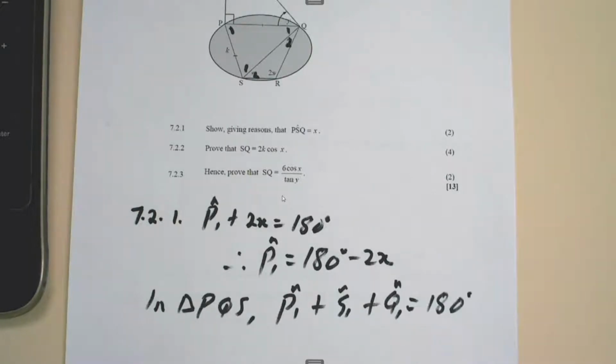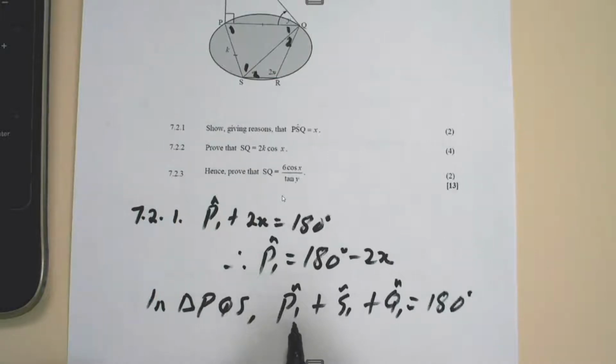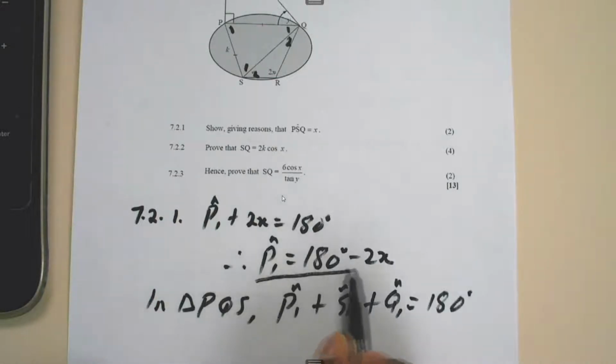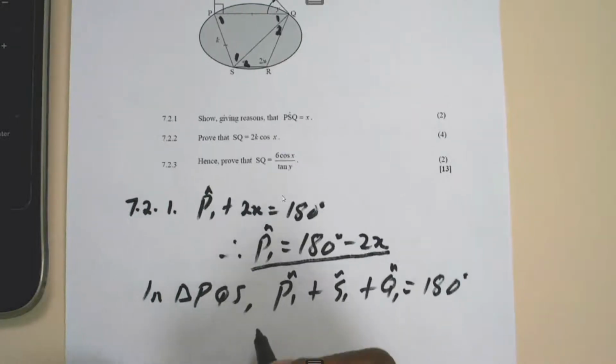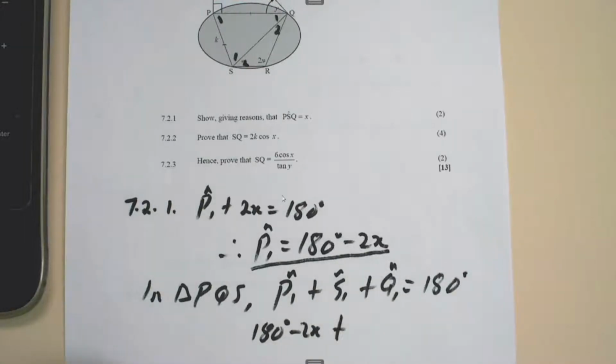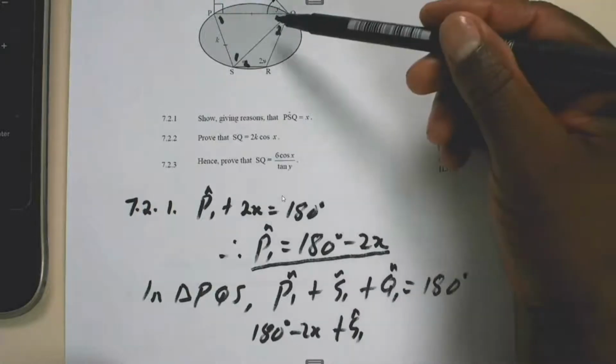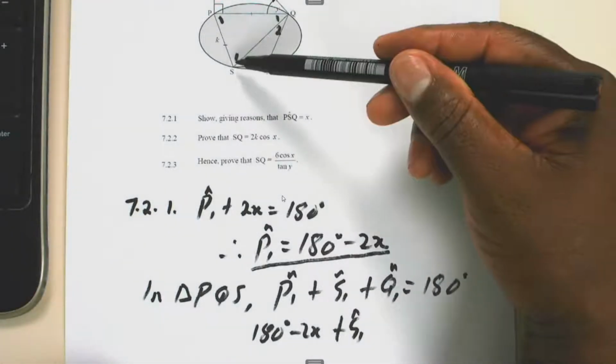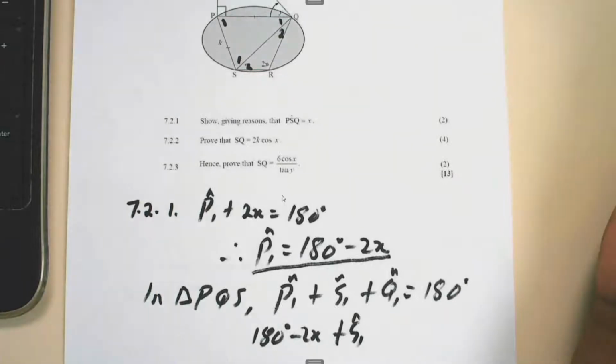Now let's substitute. P1, remember we have calculated, is 180 minus 2x. So instead of P1, we substitute 180 degrees minus 2x, plus S1, which we want to calculate. Q1 and S1 are the angles opposite equal sides.